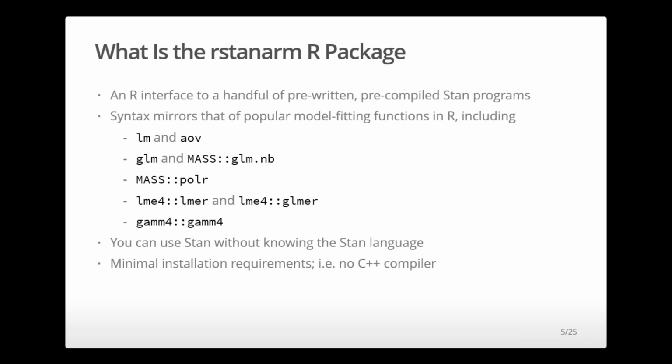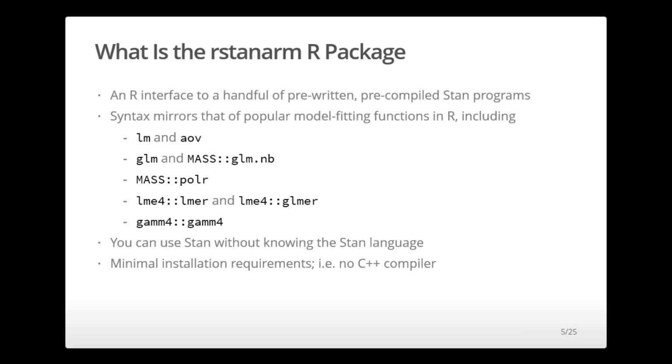So the syntax in the rstanarm package is deliberately chosen to mirror that of popular model fitting functions that are already in R. So in order to use the following functions, all you have to do is load the rstanarm package and prefix them with stan underscore.